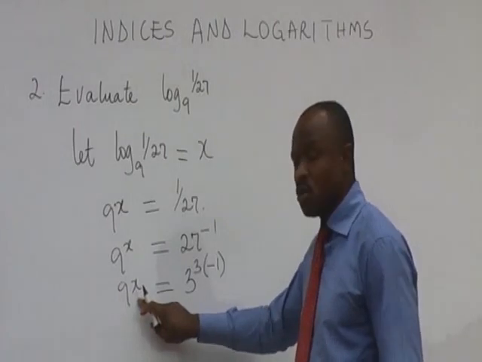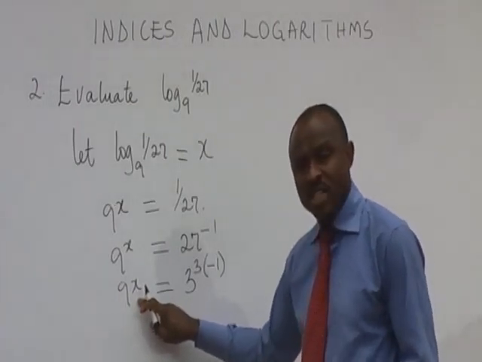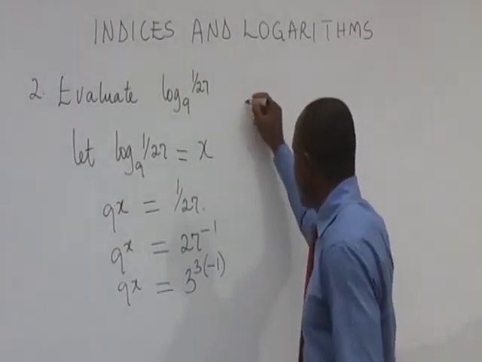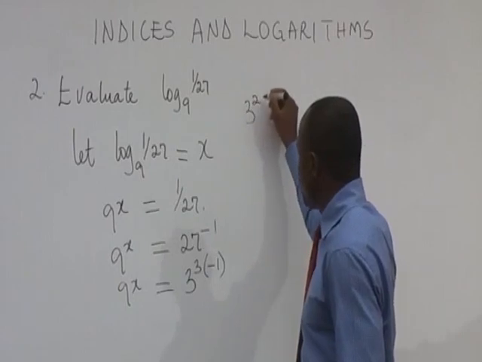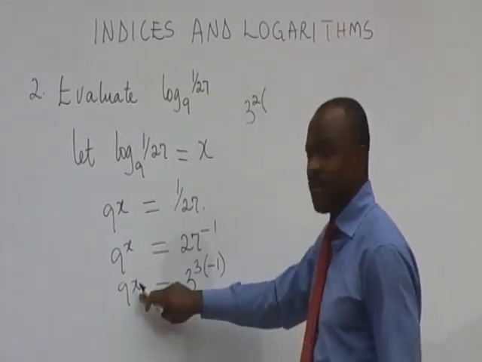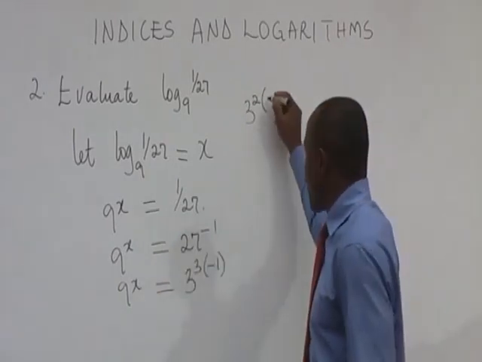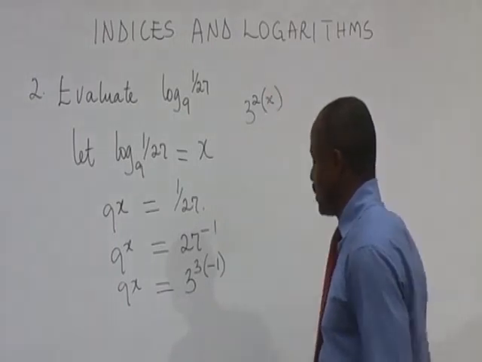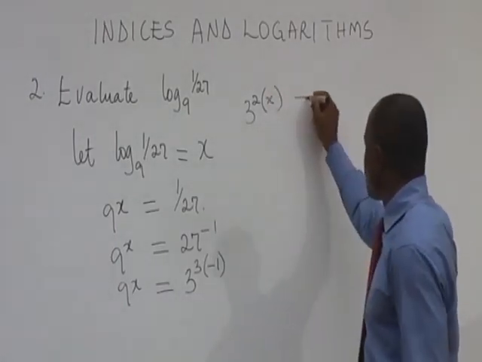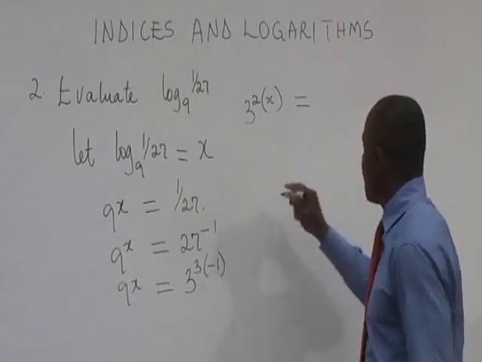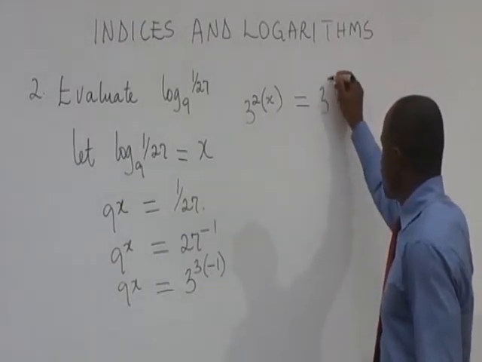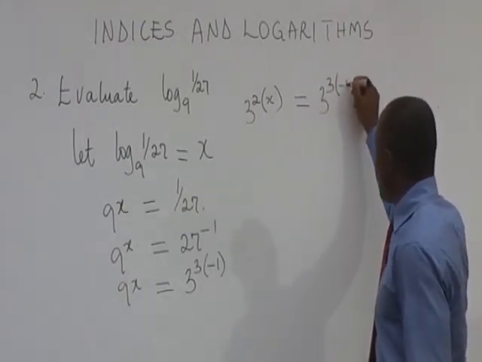Use 3 exponent 2 to exchange 9. You're going to have 3 exponent 2. Now bring the exponent x you already have here into a bracket. It is equal to what you have here, which is 3 exponent 3 into minus 1.